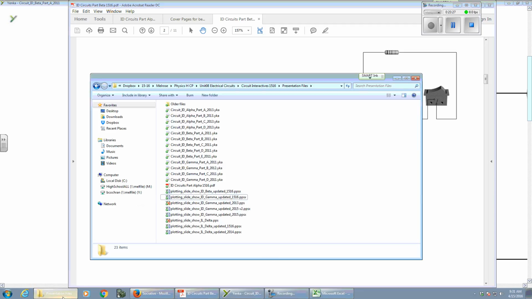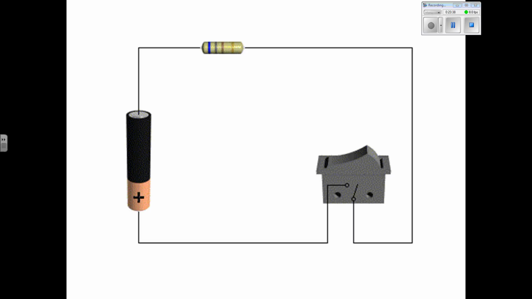So let me open up. Here we have that drawing. How many currents in this circuit?